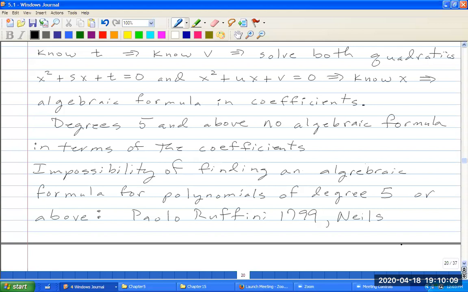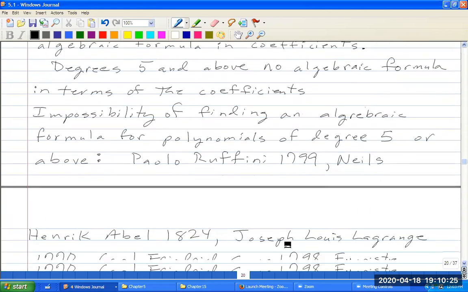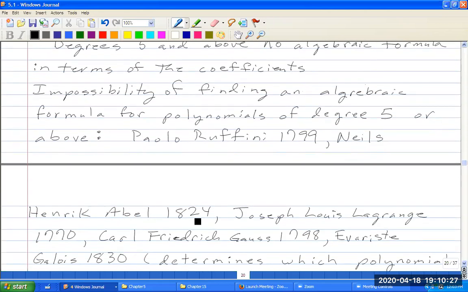It turns out that the impossibility of finding an algebraic formula for polynomials of degree 5 or above was discovered by Ruffini in 1799 and by Abel in 1824.